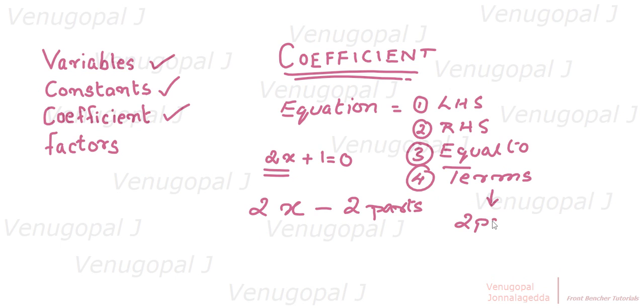A single term is divided into two parts. Those parts are: 1, the x part, which we learned is the variable part, and you have a constant along with x, which is called a coefficient.